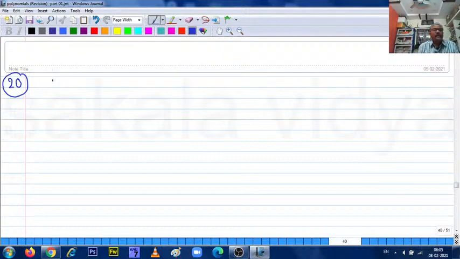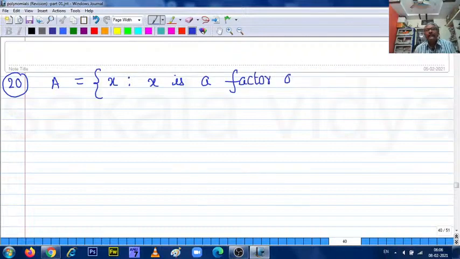20th question. A equals to x such that x is a factor of 18.